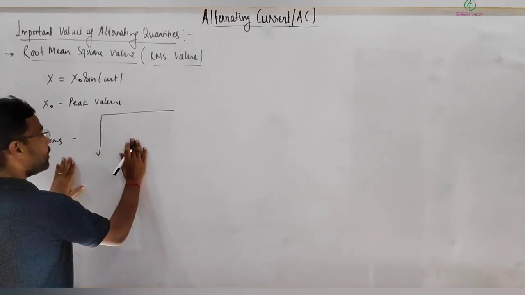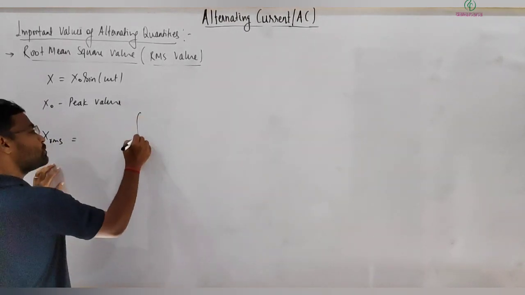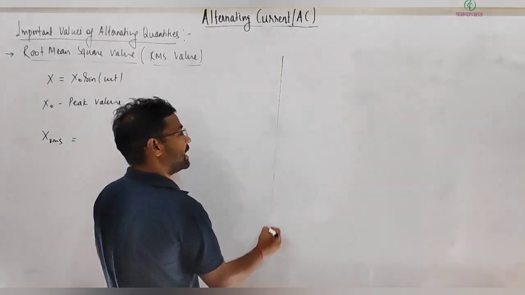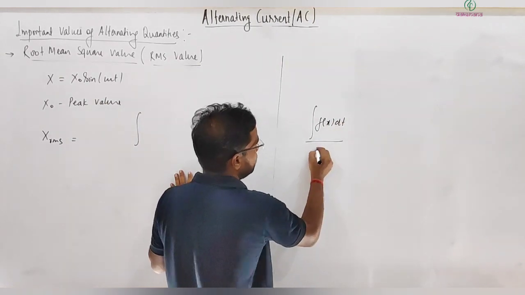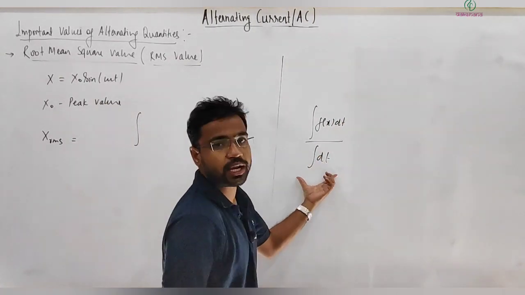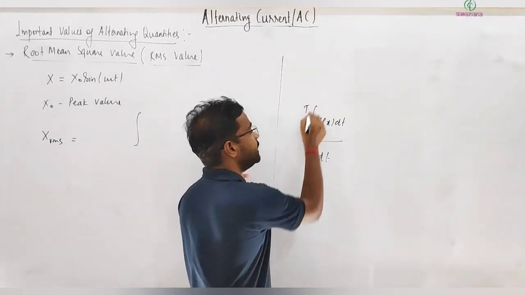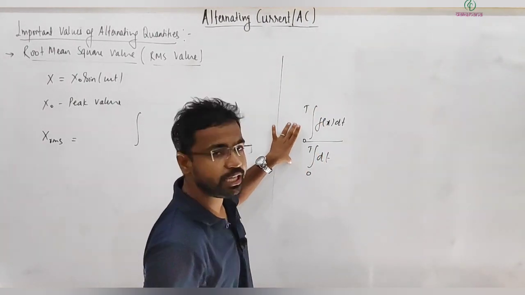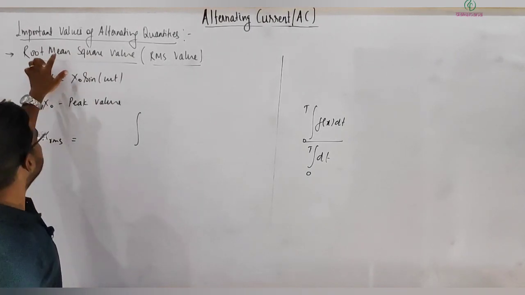Mean means average, mean of square. Just like before, we saw the mean of some function f(x) as the integral dt, the average value of this function over the interval of time which we are interested in, right? This is the mean. And here it is the mean of square, root mean square.